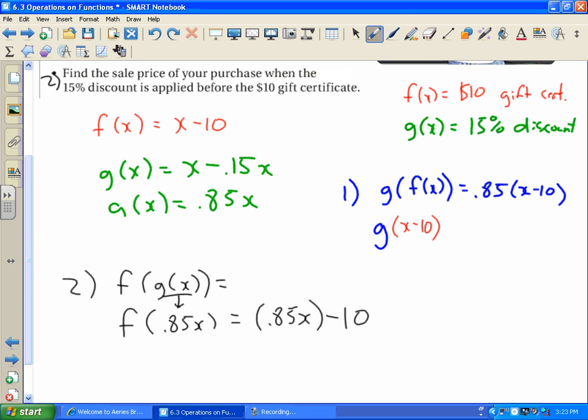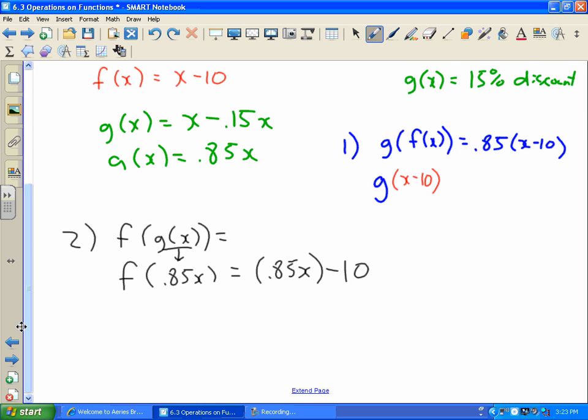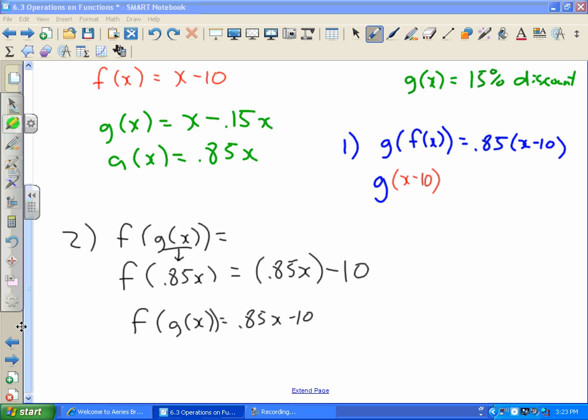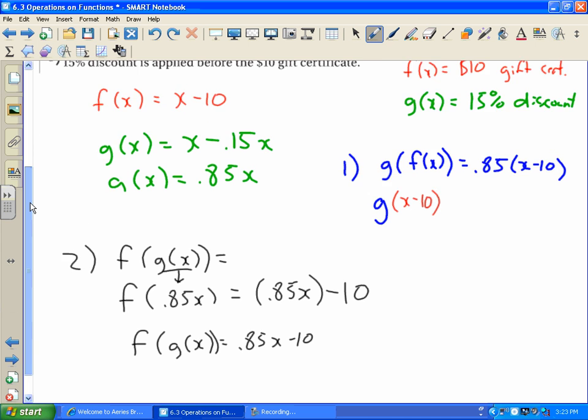And that's going to be f of g of x. So f of g of x is going to equal 0.85x minus 10. Now I have both of the composite functions. One of them is taking the discount first. One of them is taking the $10 off first.